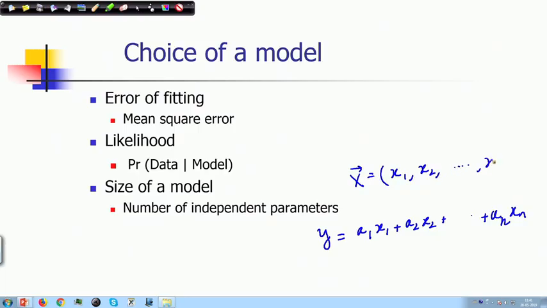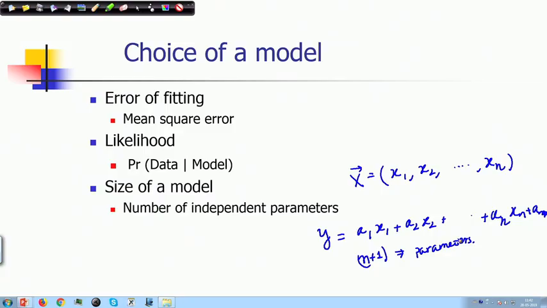It is represented in an n-dimensional space in this fashion, and you can also use a constant here in your model. So, you can see in this linear model there are n plus 1 parameters. They are the independent parameters. Whether they are independent or not you have to establish, and that depends upon the problem, but let us assume they are all independent. So, this is one kind of size of a model.